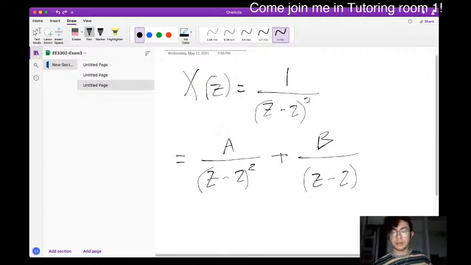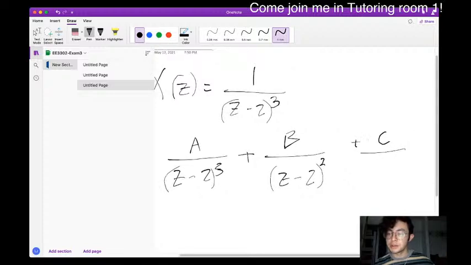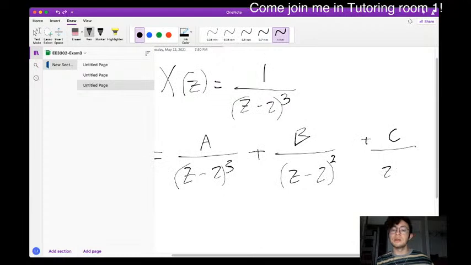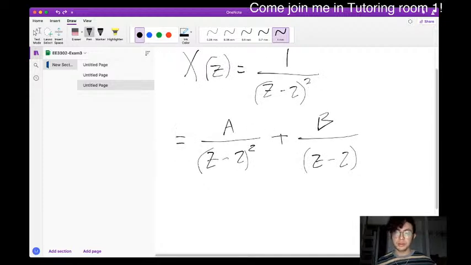If we had, so let's say this one was 3, then we would have a plus c term, and then we get z minus 2. But let's go ahead and continue with the times 2 case. So we get those two.